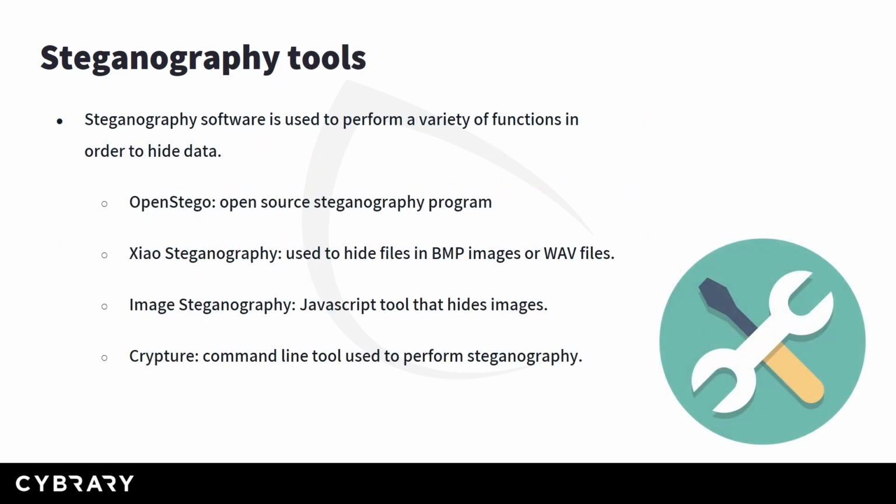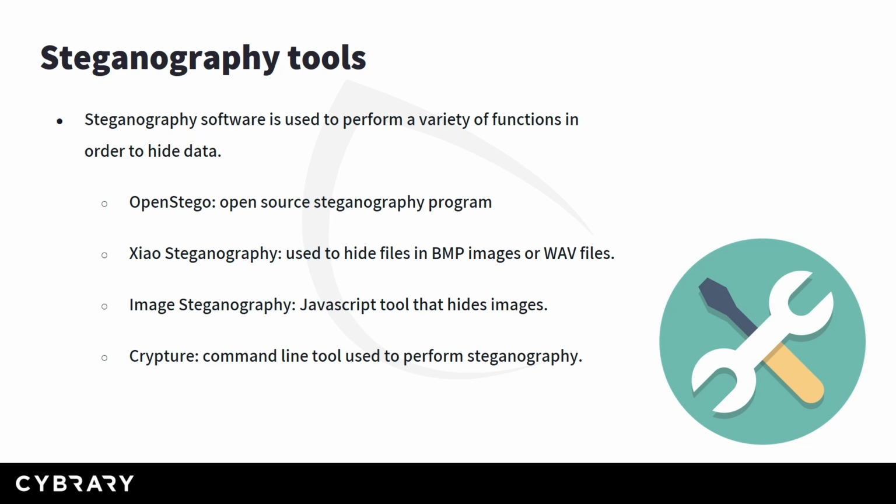Steganography software is used to perform a variety of functions to hide data, including encoding the data to prepare it to be hidden inside another file, keeping track of which bits of the covered text file contain hidden data, encrypting the data to be hidden, and extracting hidden data by its intended recipient.